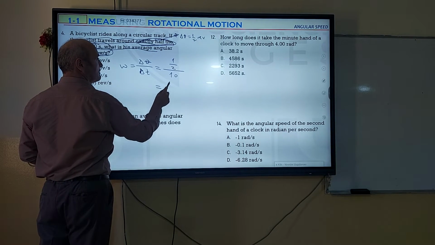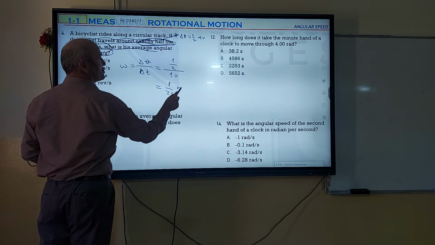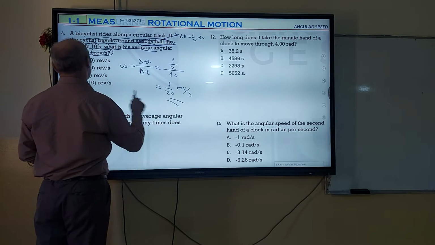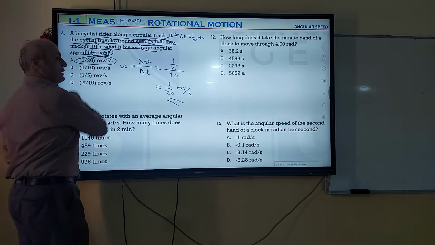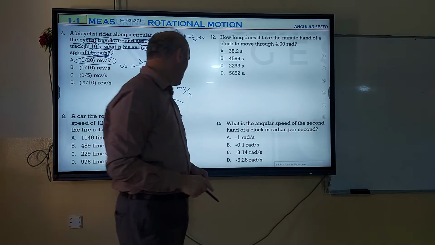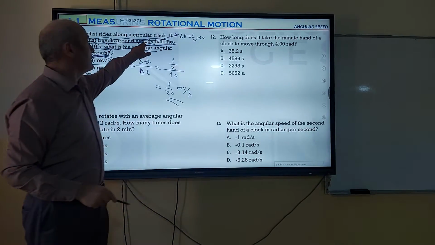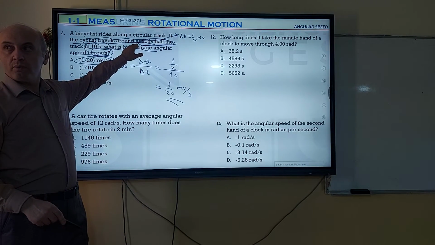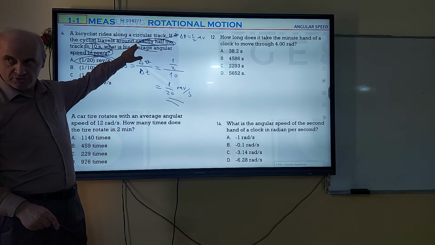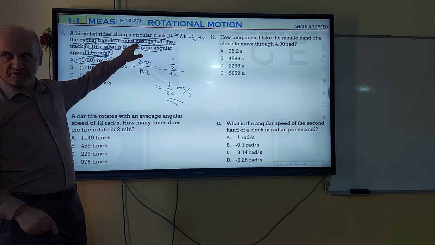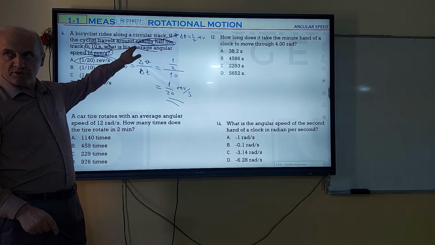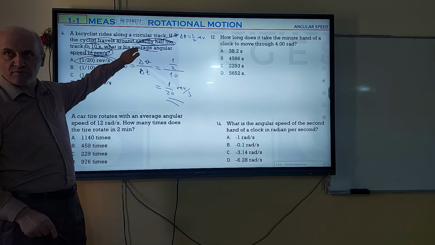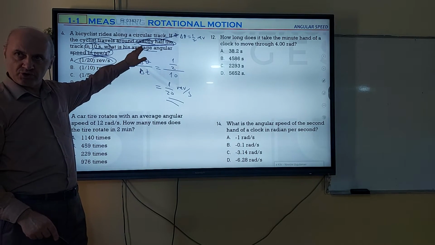So it's going to be 1/20 revolution per second. This part is changing. Sometimes in some questions it is 1/4, quarter. In one question 3/4. 3/4 means 3/4, 1/4 means 1/4. All are revolution.